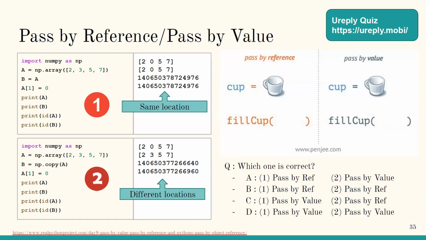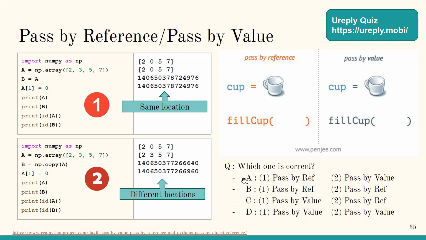Another thing, this is an animation. You have to tap into this to look at pass by reference and pass by value. They're giving you different results. There are 2 cases here. The first case is giving you the same location. The second case is giving you different locations.